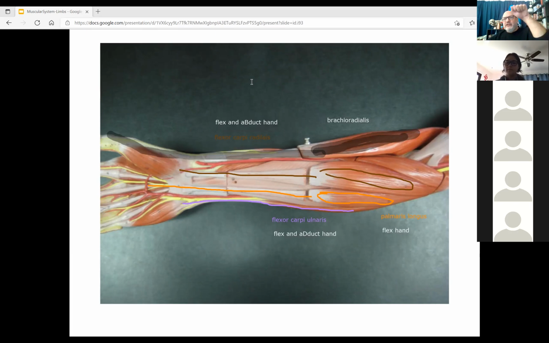Now, hopefully you've tried to flex your wrist to see some of these. For some of you, all 3 tendons may not stand out as obviously.